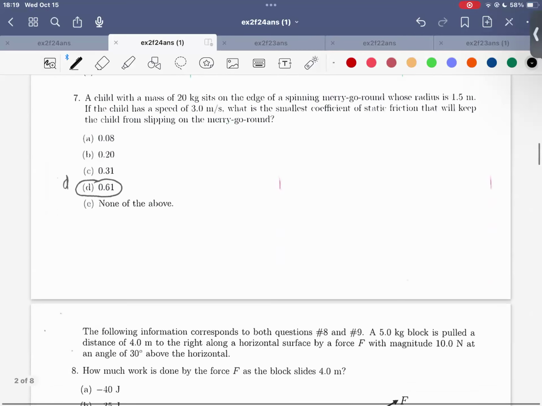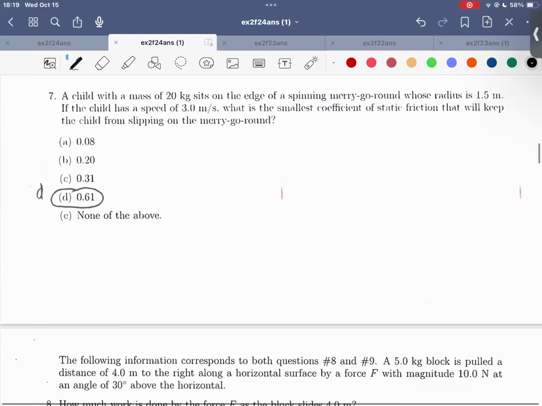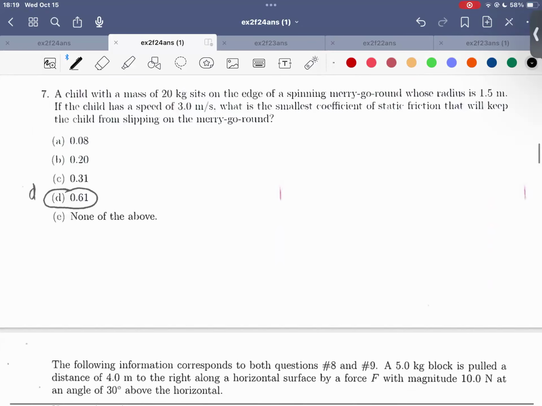All right, and then 7. So we're told that there's this child on a merry-go-round with radius r is equal to 1.5 meters. The child has speed 3 meters per second. What is the smallest coefficient of static friction that will keep the child from slipping on the merry-go-round?